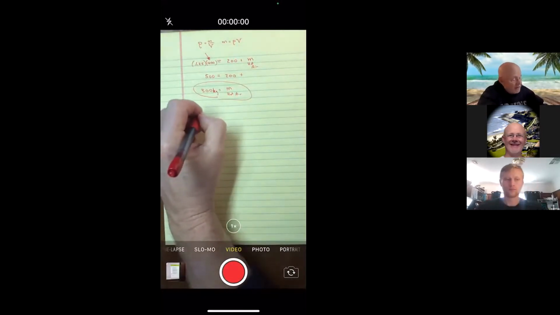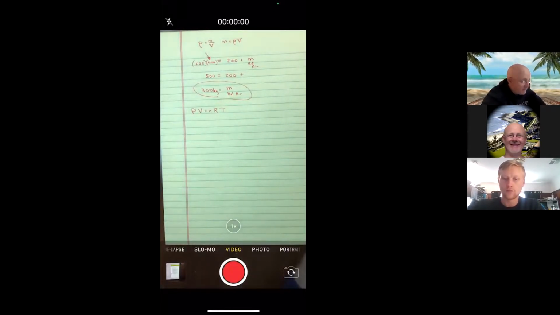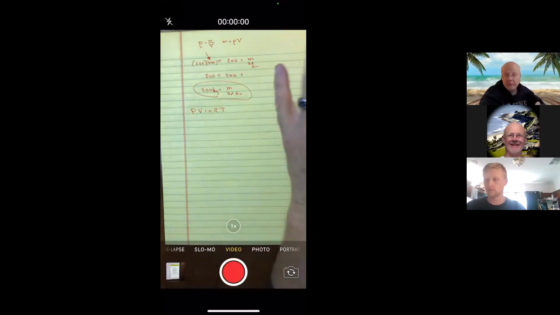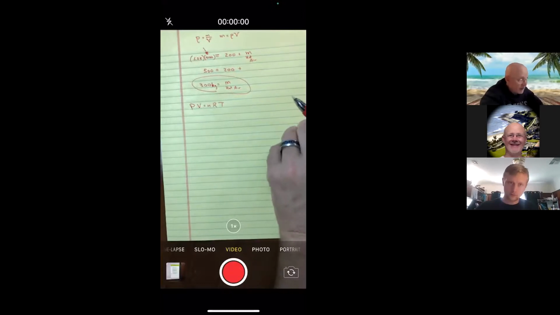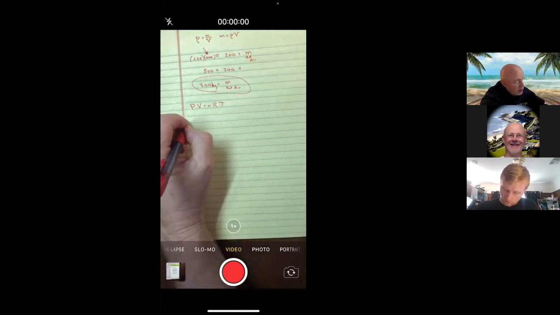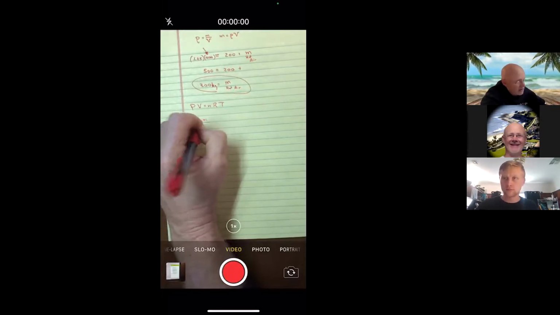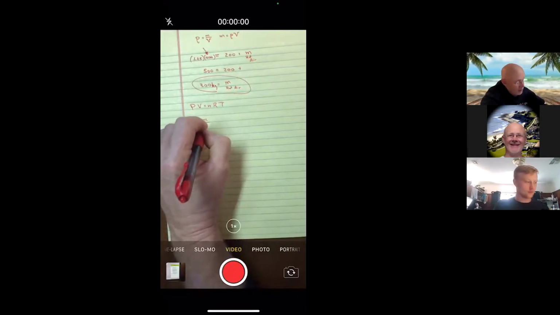Let me use the PV equals nRT. Because if I do something like this, let's look at density, which is mass over volume.